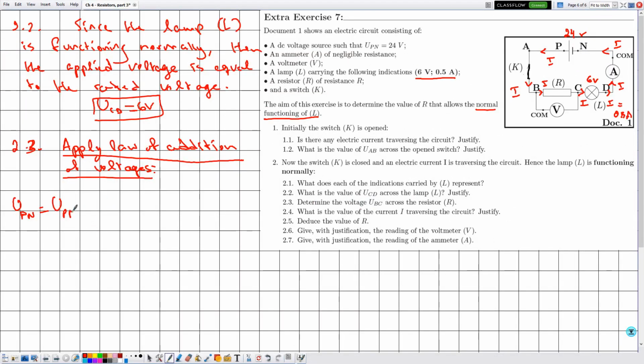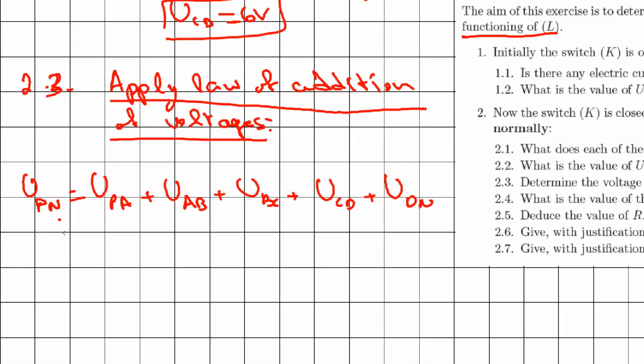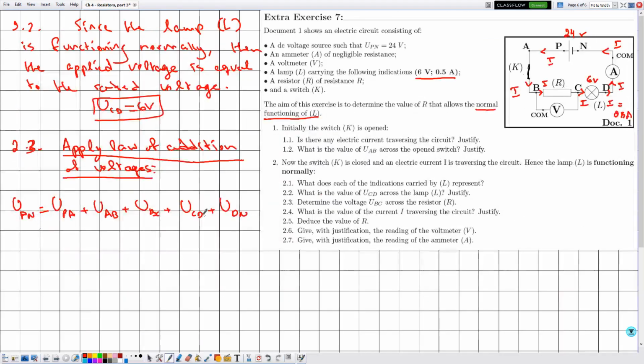So UPA plus UAB plus UBC plus UCD and D back to N. Notice that we have started with P, ended with N, and each letter we have inserted twice. Okay, knowing that we are interested in determining UBC.